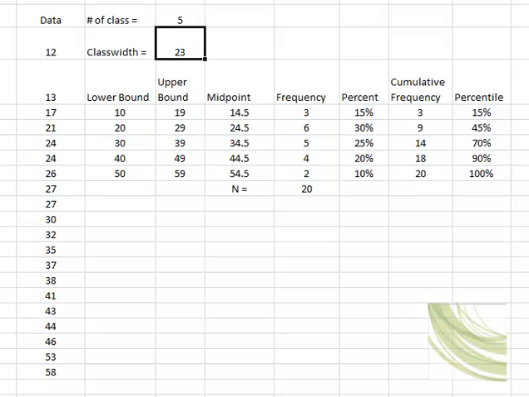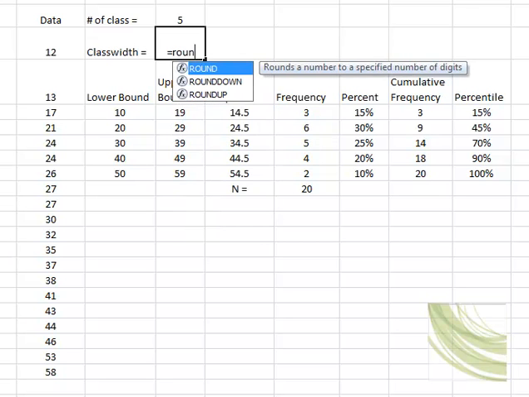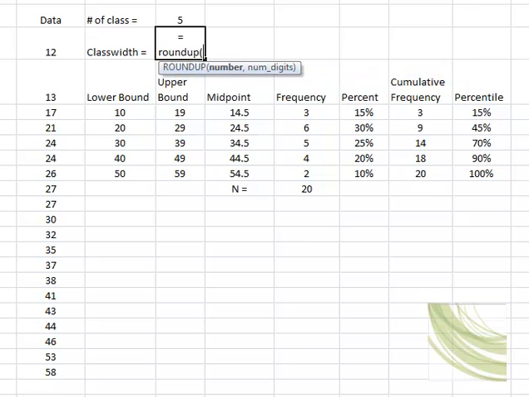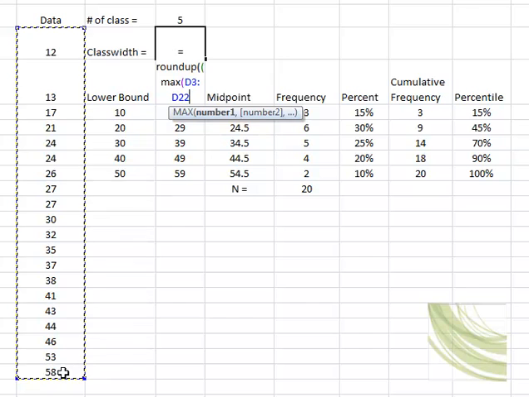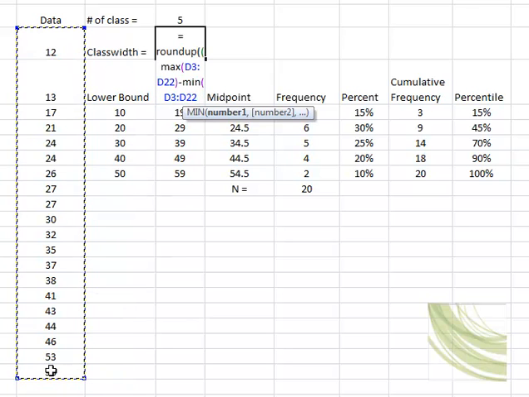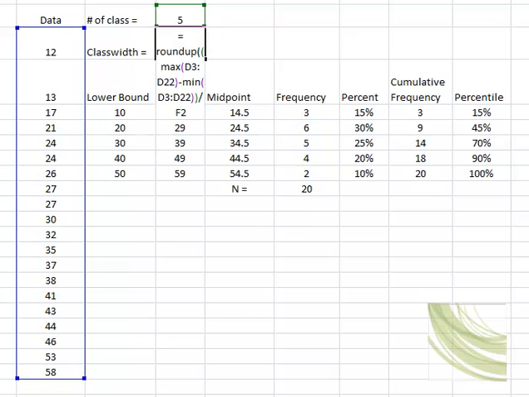So now let's use the formula equals ROUNDUP, max, and then the data, minus minimum, MIN, and then we get the data and close, then divide by number of classes.